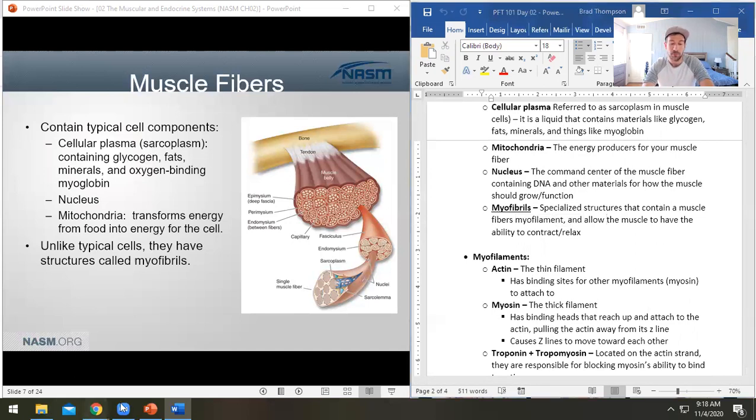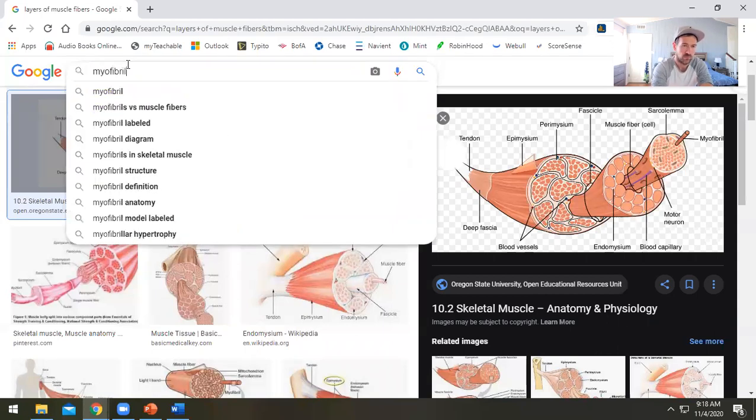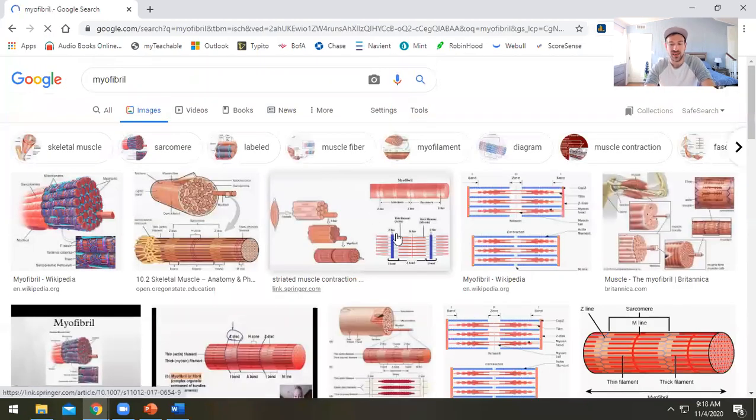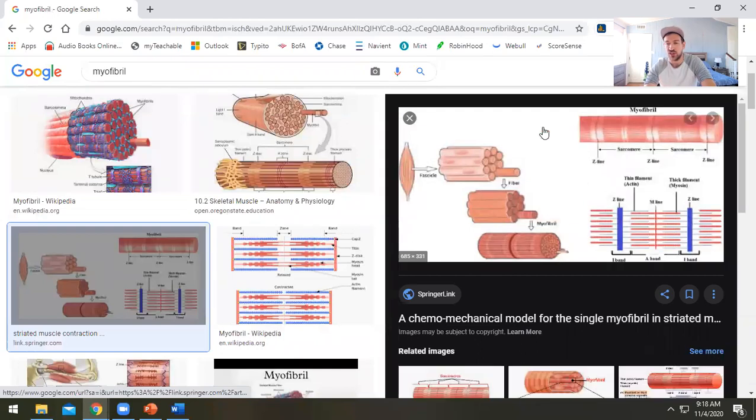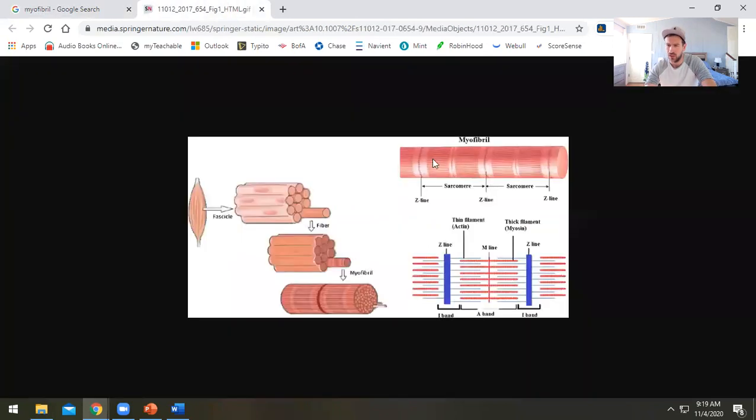So when you look at a myofibril, right? A myofibril is this whole section right here where it's all like a series of little proteins kind of all held together, right? So myofibril is not the most important term in the world, but it's like a series of, this is a sarcomere here, there's another sarcomere here, right?